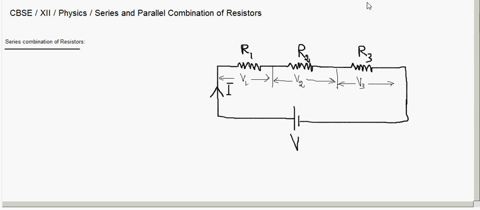So the first point to remember is the current through each resistor is the same and it is equal to the net current flowing through the combination.